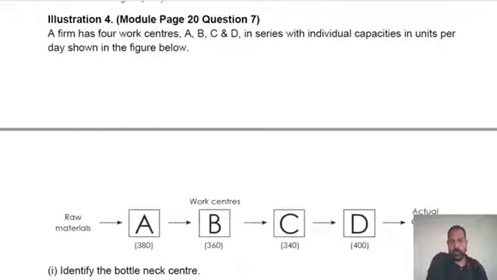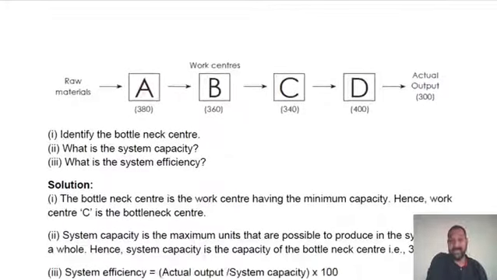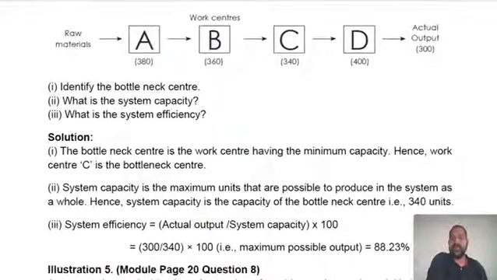Okay. What else do I know? That A can process 380 units on a given day, B can process 360 units, C can process 340 units, and D can process 400 units. And the actual output is 300 units.